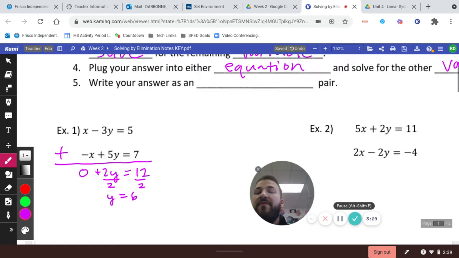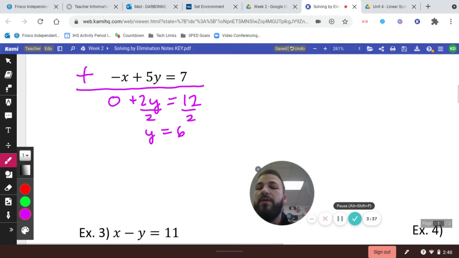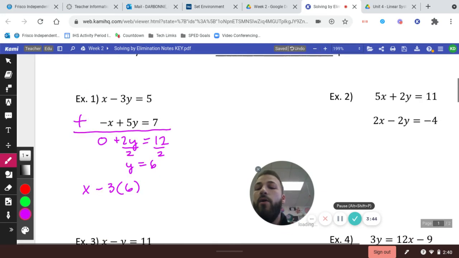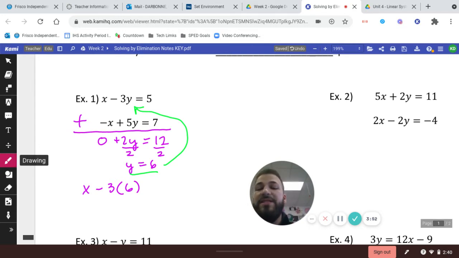So now we have x minus 3y equals 5 and negative x plus 5y equals 7. I'm going to plug it into the first one because my x is positive, so it's a little easier to work with. So x minus 3 parentheses 6, because I'm replacing y, is equal to 5. That gives us x minus 18 is equal to 5.